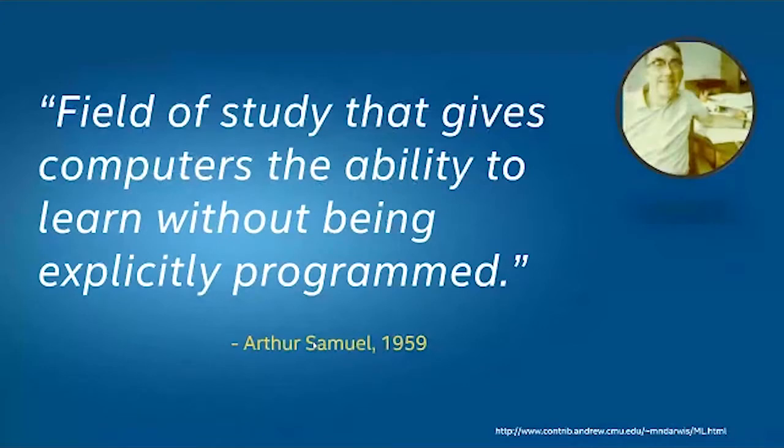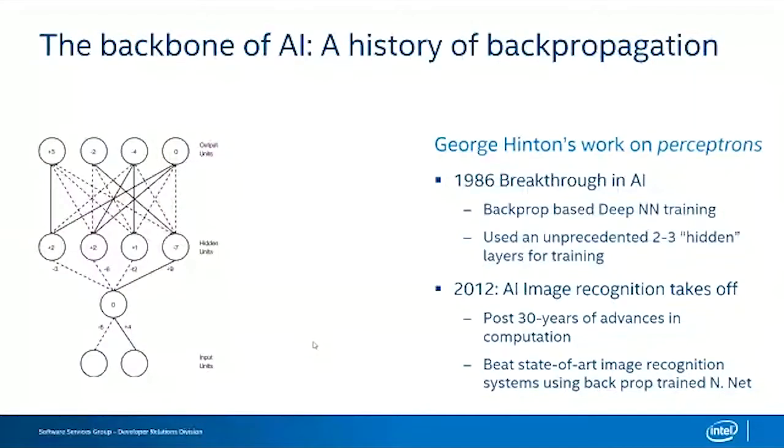Here's another quote that I really like: learning without being explicitly programmed. In very recent years, in 2012, a massive breakthrough occurred in machine learning. Back in the 1980s, Geoffrey Hinton did really good work on perceptrons.